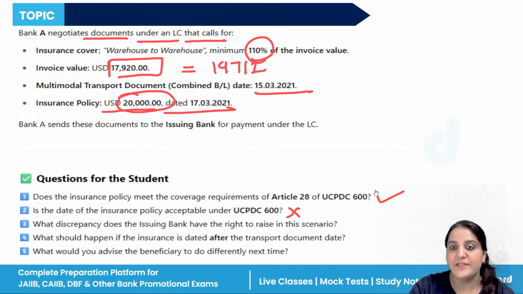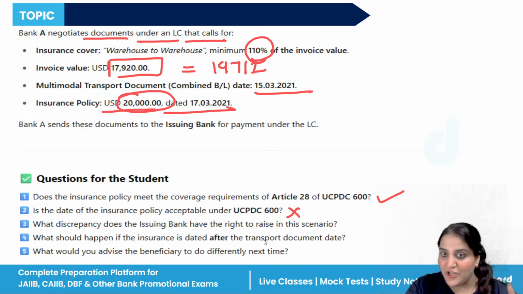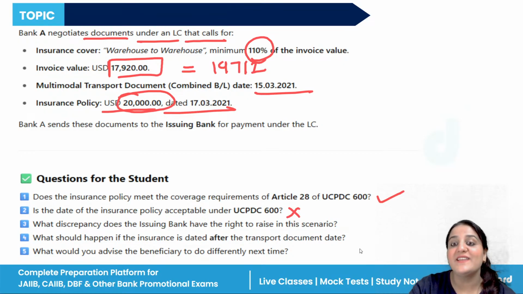So here you can see the bill of lading date and insurance policy date are different. Insurance policy date is 2 days later than the transport document, with no evidence. So here the date is not acceptable.